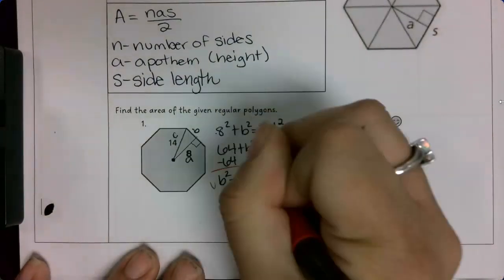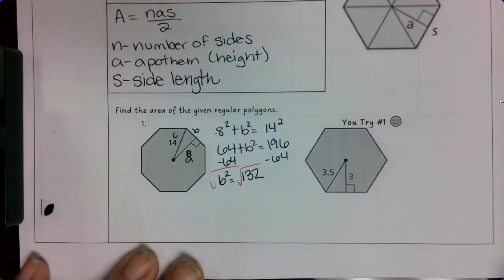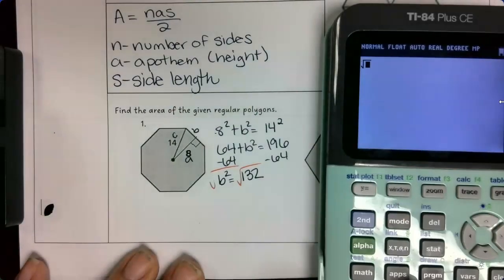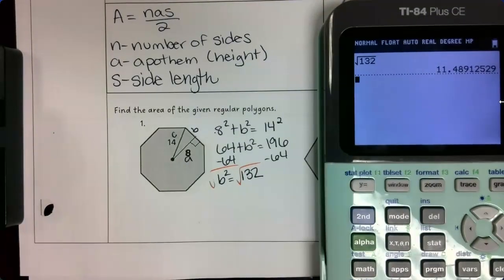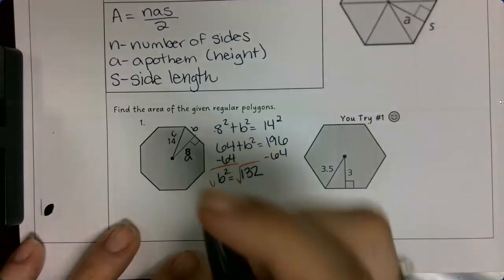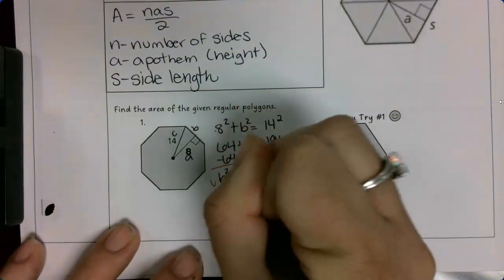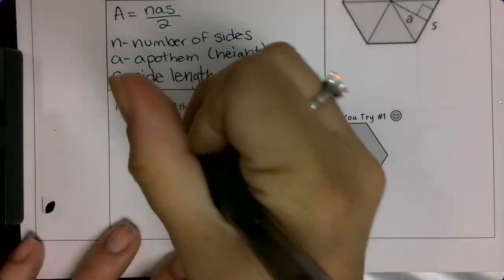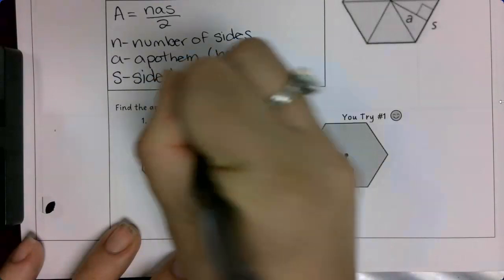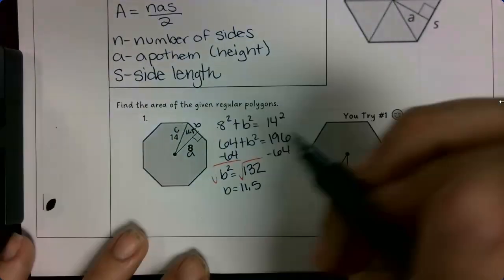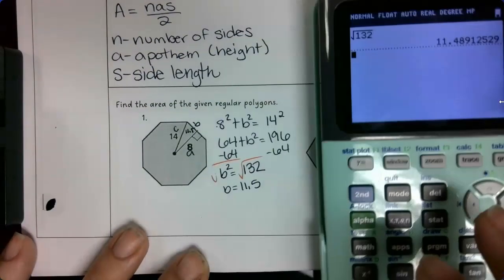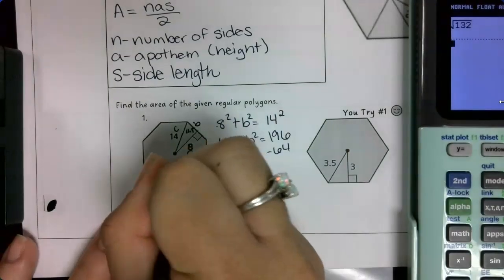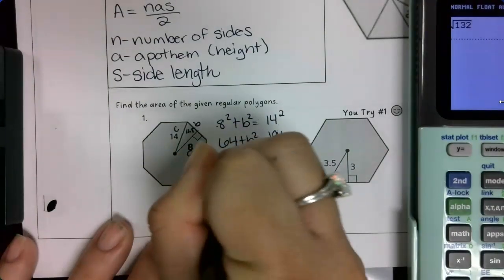So then I can take the square root of both sides. 132 is not a perfect square, so I'll do that one on my calculator. I'm going to round to 1 decimal place here, 11.5. So if half of it is 11.5, I need the whole way across. So I want to multiply by 2.